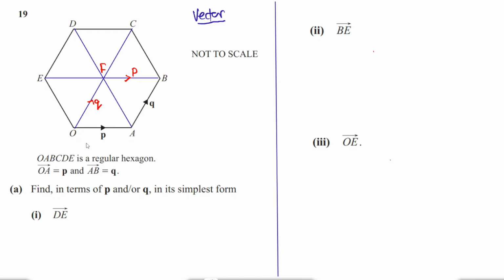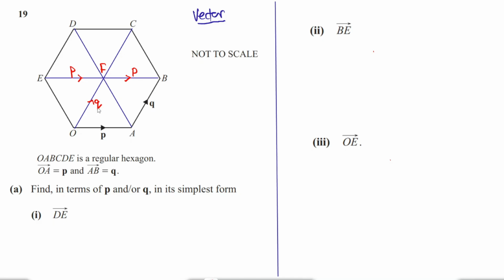In the same manner, if you see this OAFE is again a parallelogram. If this is a parallelogram, then opposite sides are again equal. So OA has to be equal to EF. If this is P, then this has to be P. Do not forget to put the arrow here.